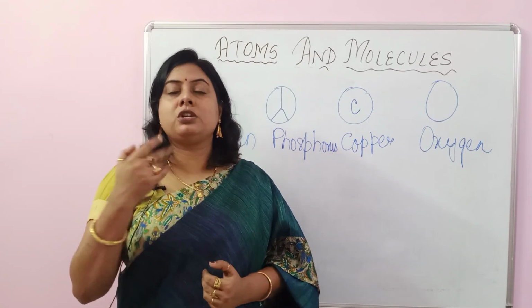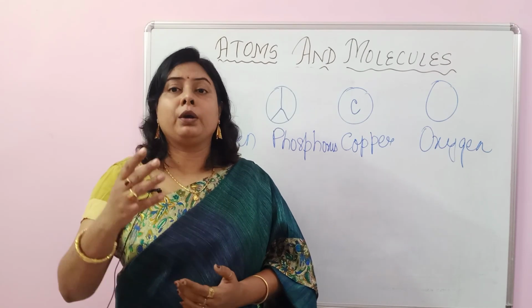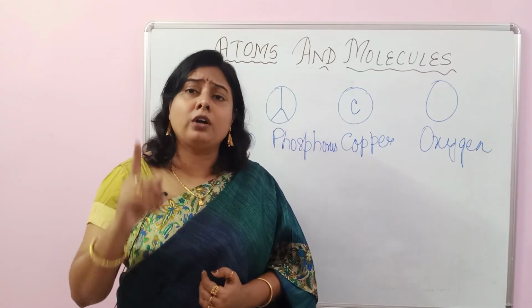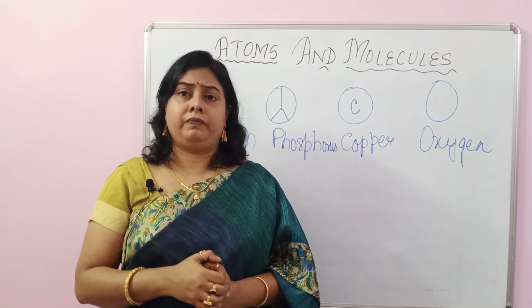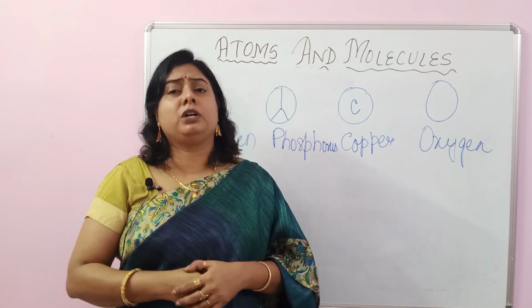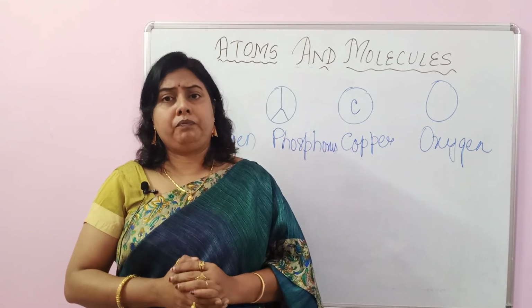But in case of oxygen, nitrogen, iodine, fluorine, one atom cannot exist freely. Two atoms of oxygen always combine together to form the molecule of oxygen to be able to exist freely.